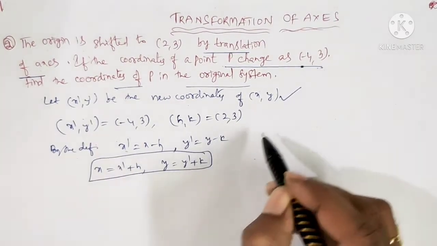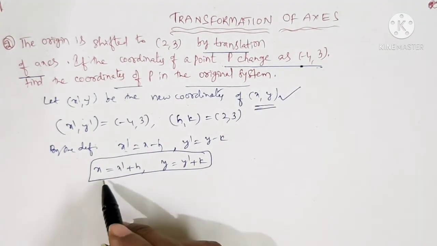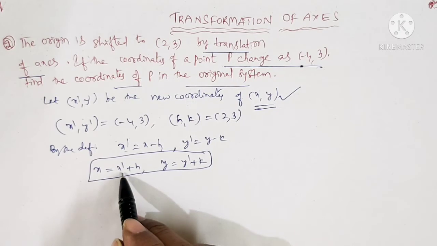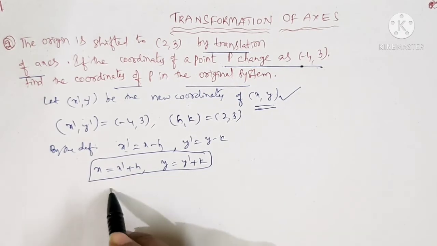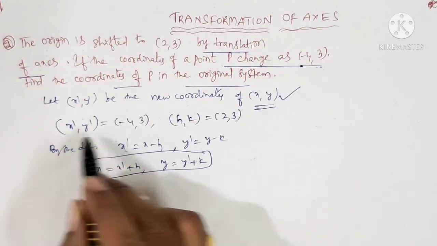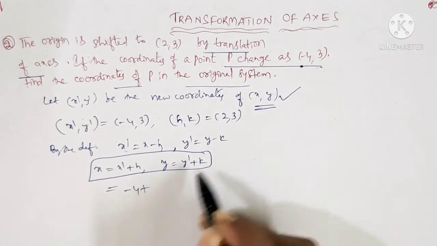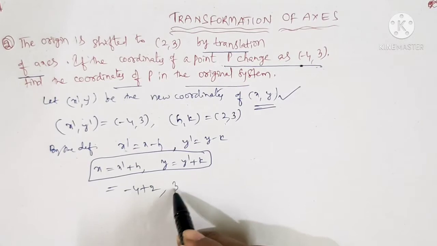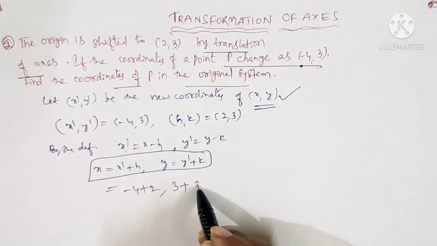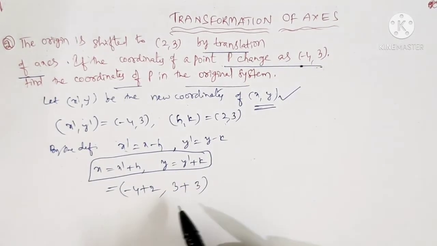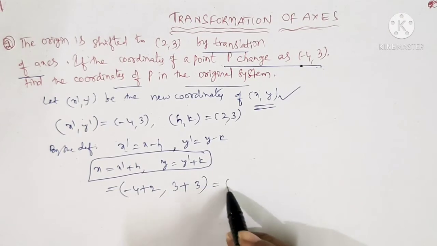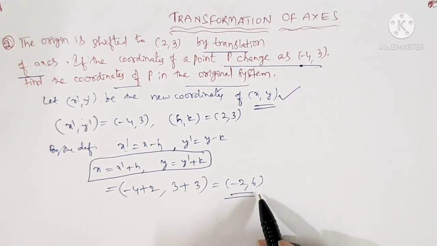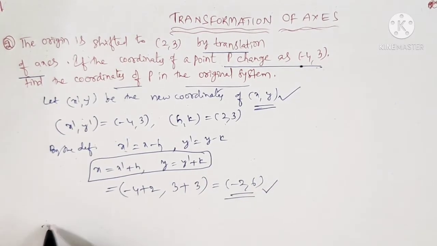The coordinates of x comma y are x dash plus h comma y dash plus k. The x dash value is minus 4 plus h value 2, comma y dash value 3 plus k value 3. So minus 4 plus 2 comma 3 plus 3 is equal to minus 2 comma 6, the coordinates of point P in the original system.